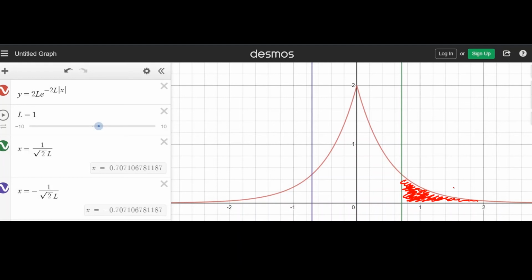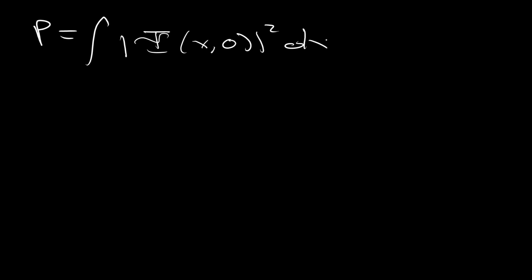Okay, well, that's fairly straightforward. Our probability is just equal to the integral of the region that we want to find something in times our wave function with t set equal to 0. And that's it. That's all we're trying to do.